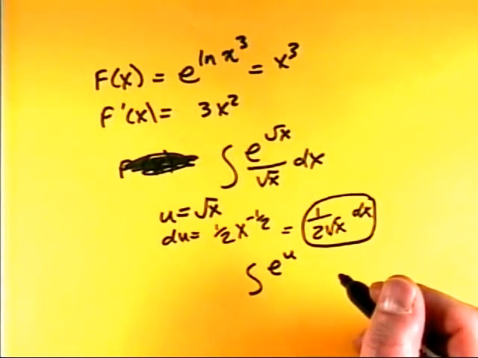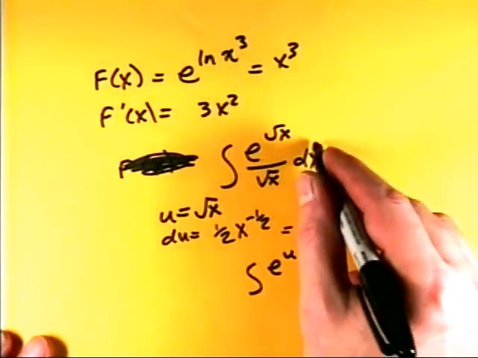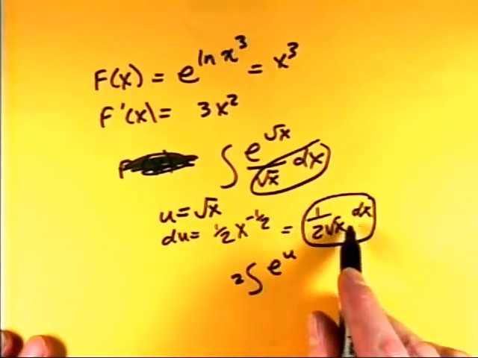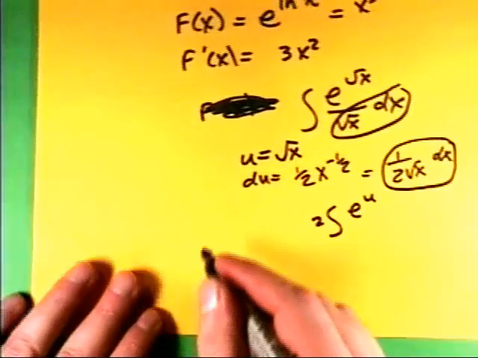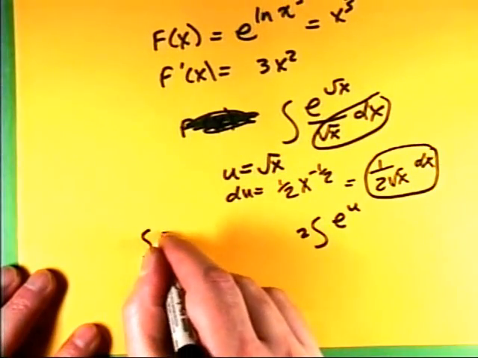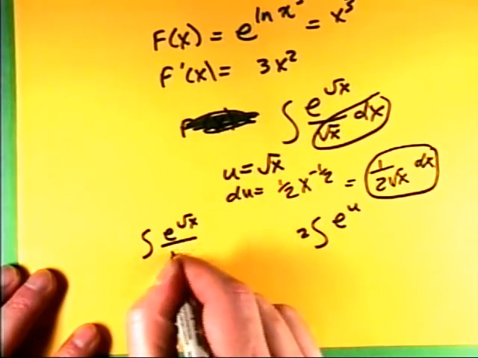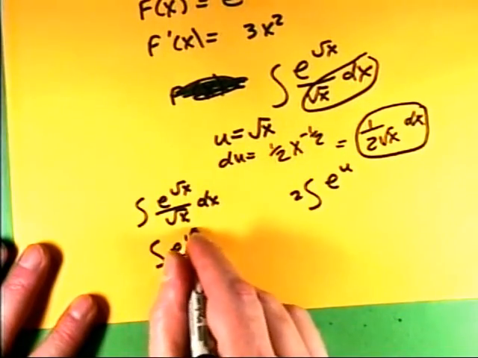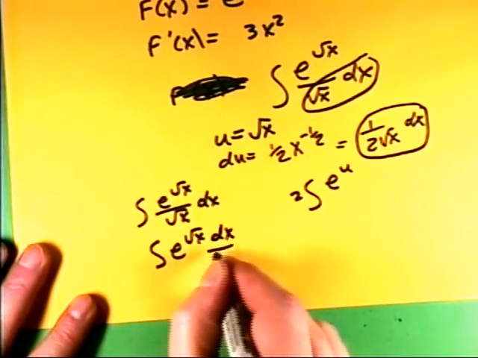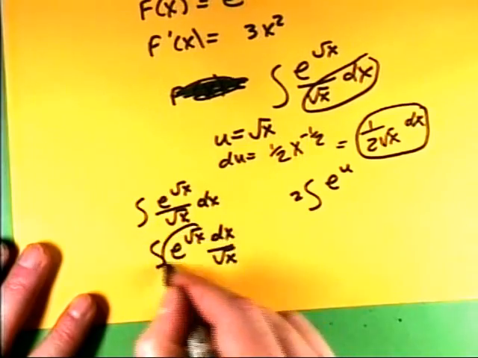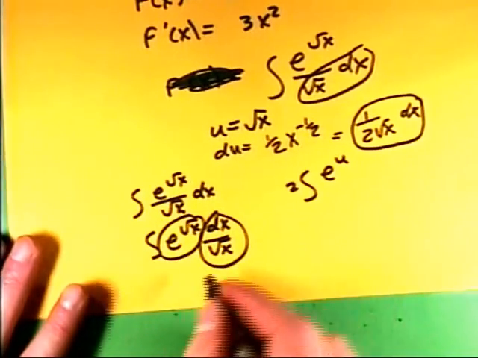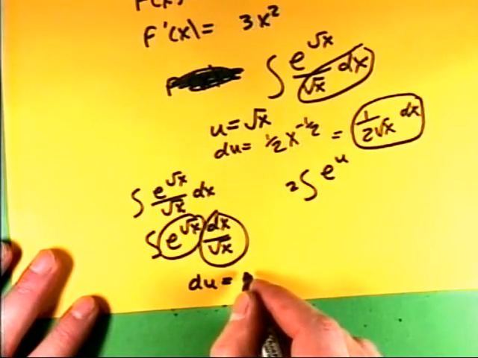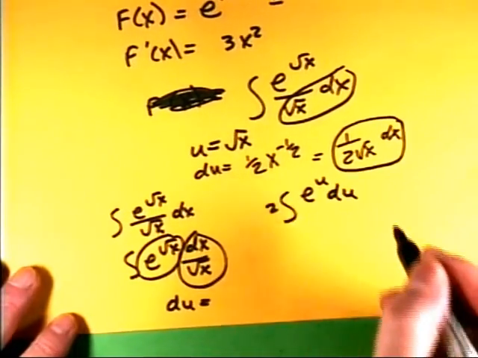Let me ask you something. This is our problem, e to the square root of x over this. I'm going to rewrite the problem like this. This is e to the u. What is this equal to? If our du is 1/2 of dx, no, dx is 2 times du. Right, so it's just e to the u times 2 du, right?